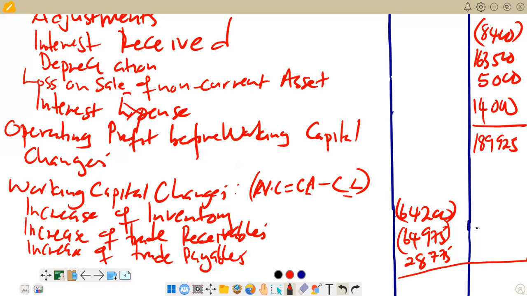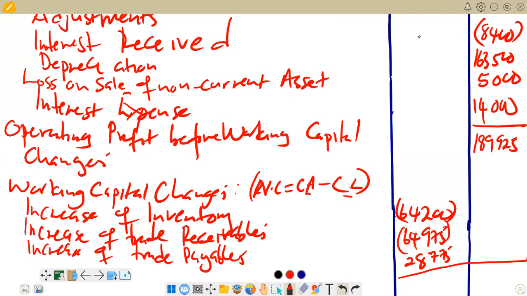Then we now add 28,775. So let's try to see what we get there.